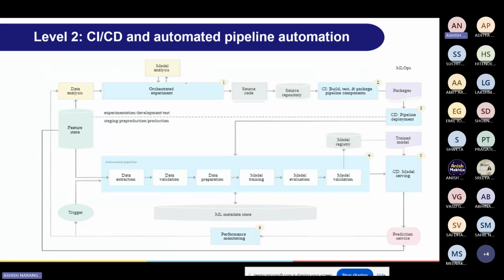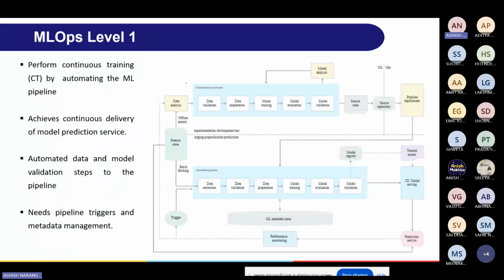The things that change from level 1 to level 2 is largely trying out different models, experimentation, which you can do on the fly, which was not very much possible within level 1, right? There is testing that you will do, and then pipeline deployment will happen.